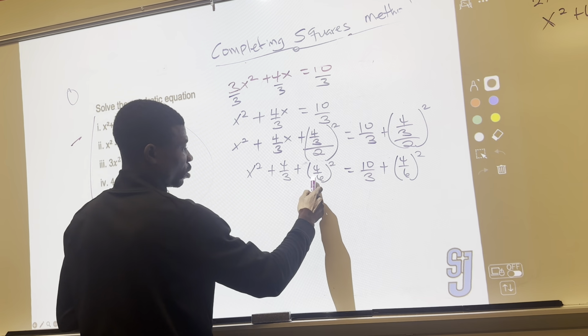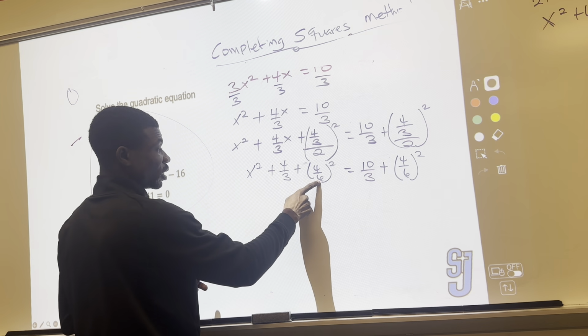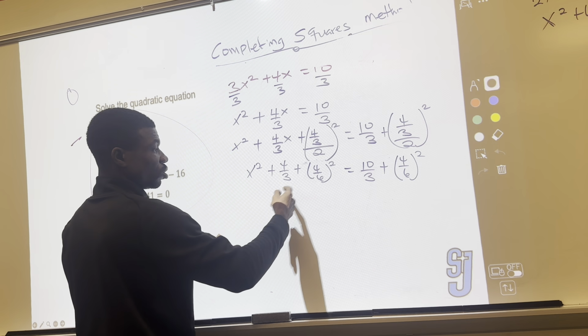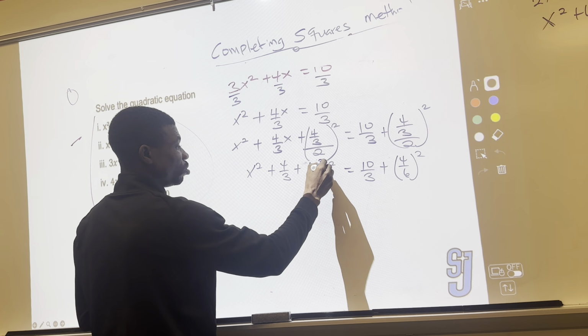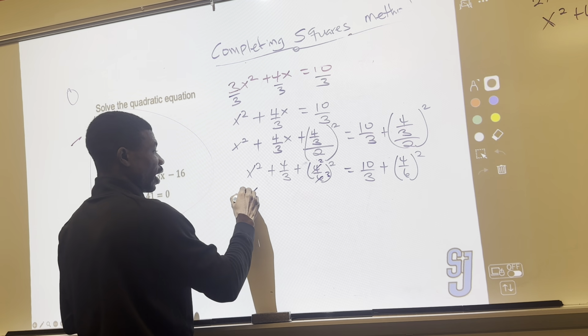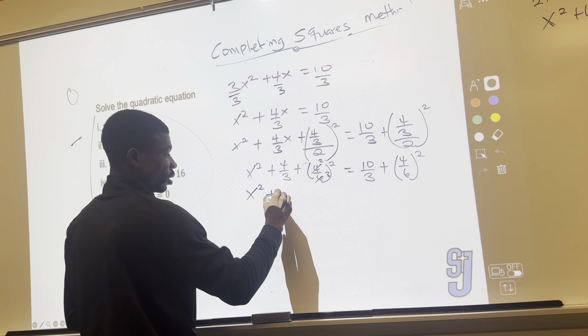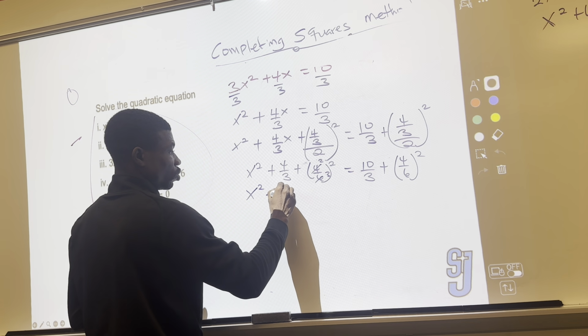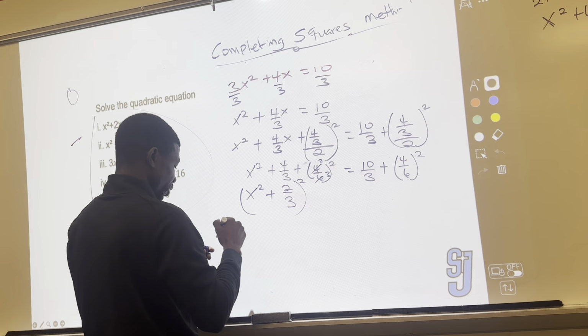Okay, so if I have this, it makes it very simple because 2 goes into 4 twice, and 2 goes into 6 three times. And so I have x squared plus 2 over 3, all squared.